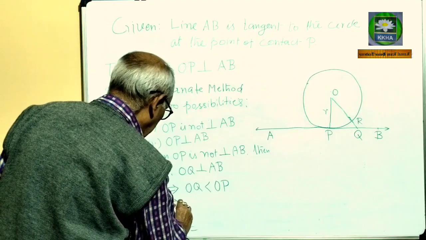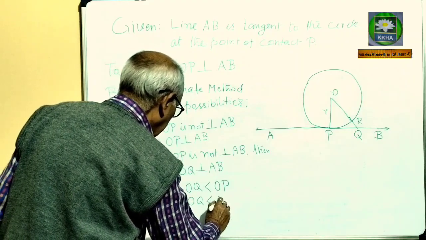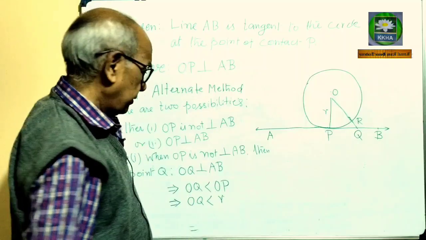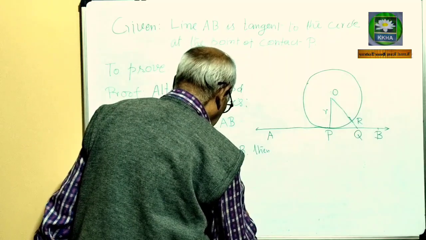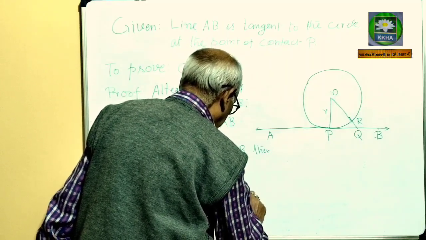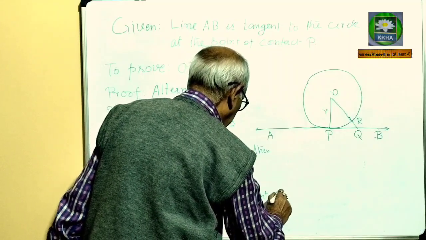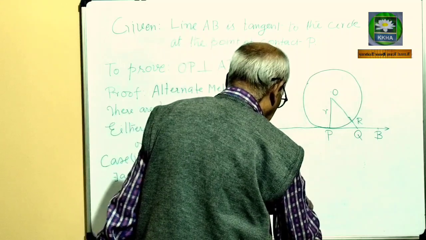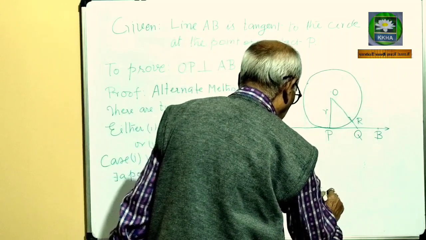This implies that OQ is less than the radius of the circle. This implies that point Q is in the interior of the circle.